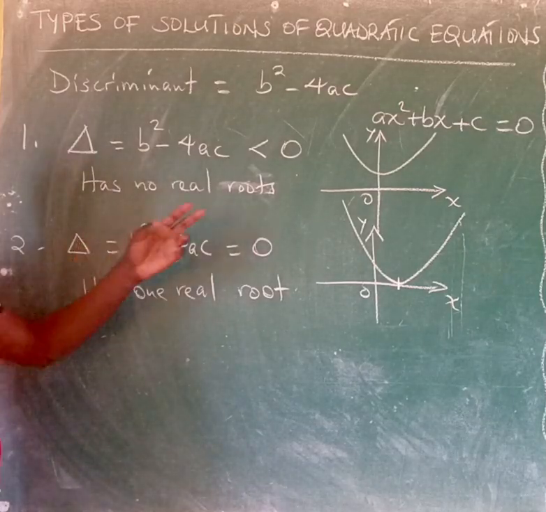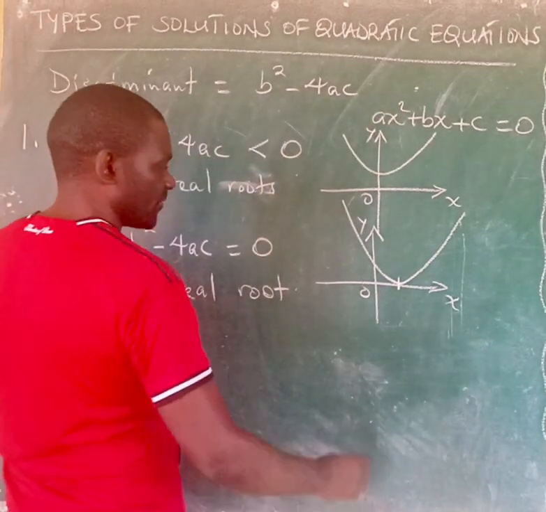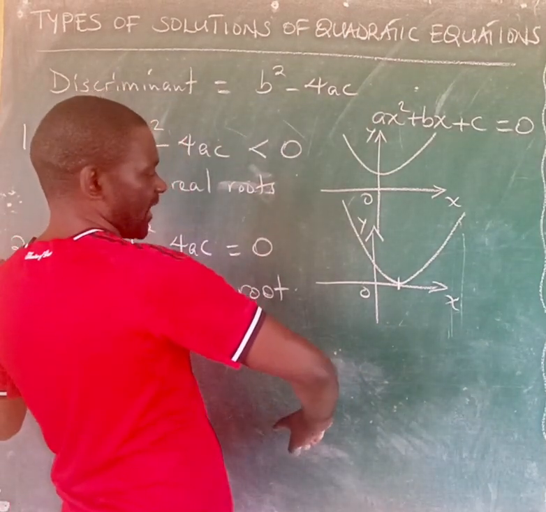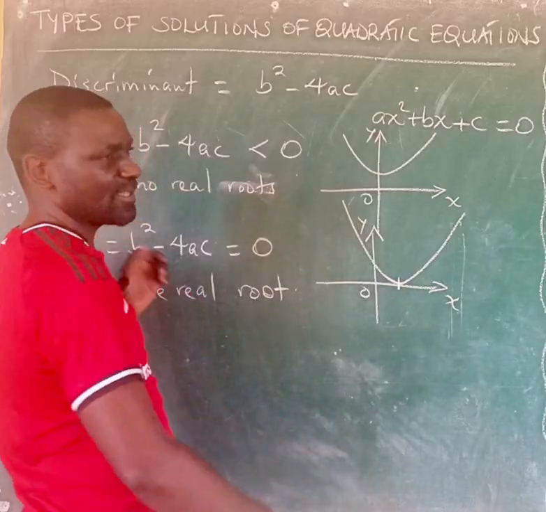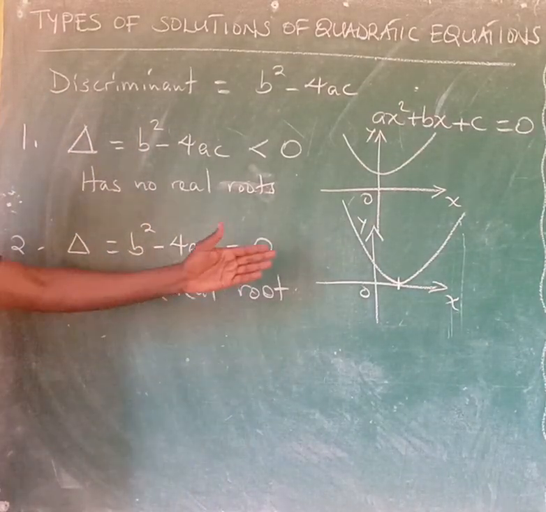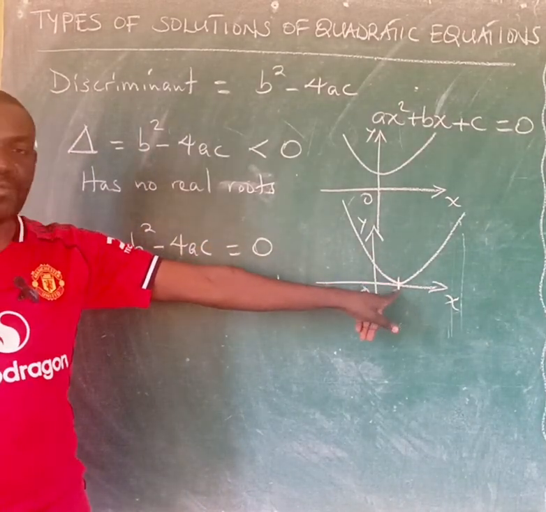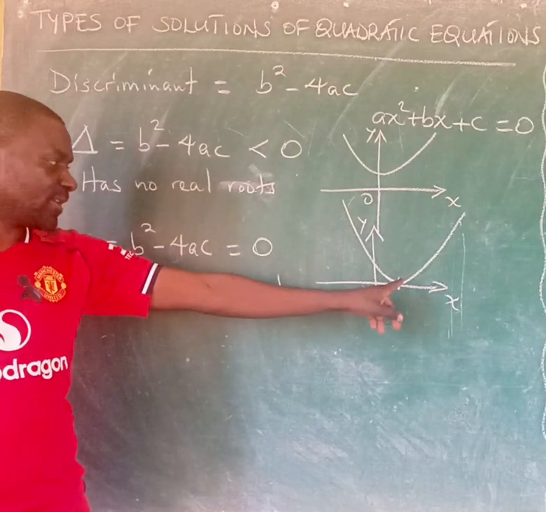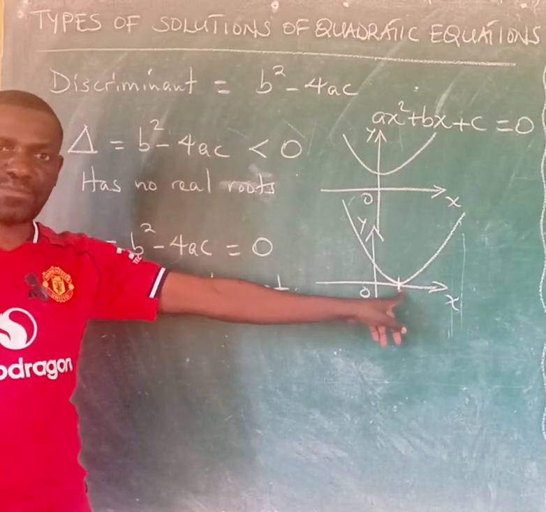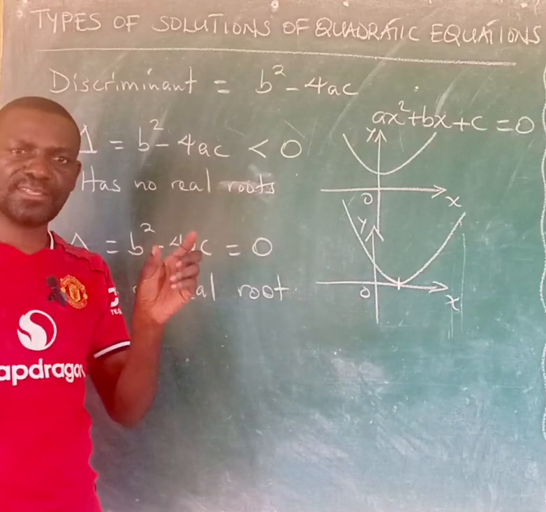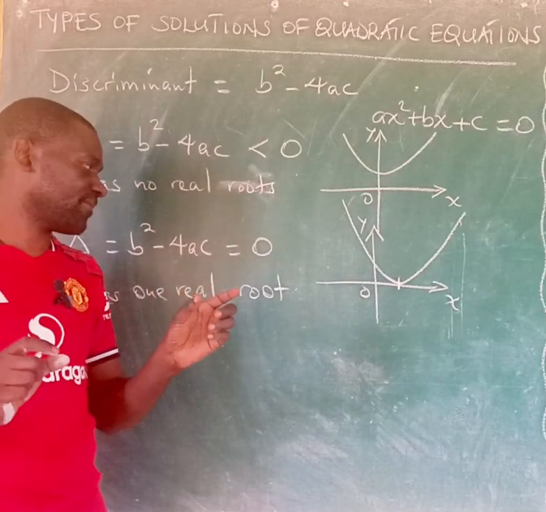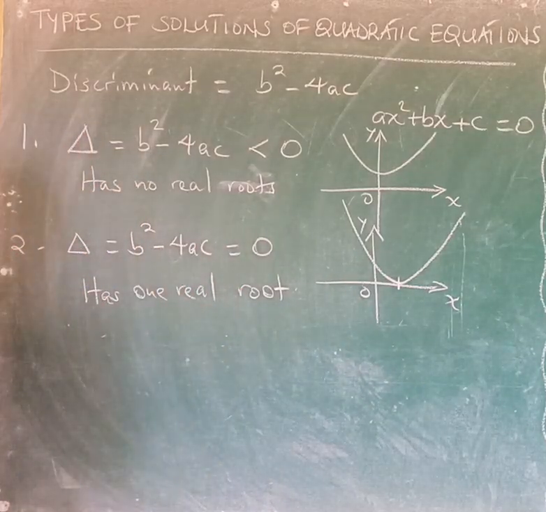Depending on the value of a in the equation, it may either be coming from down, then it stands on the x-axis. So if you have something like this, it means it will have one real solution. That simply means it will have two real roots, but these two roots are the same. You will still get the same figures.